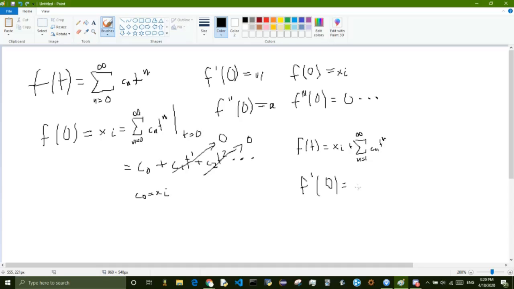After that, I simply plugged in 1, right? And plugged in 0 for t, right? So the first term becomes n cn times t to the n minus 1, right? So you plug in 1, or by the way, this entire thing is evaluated at t, right? So you have 1 times c1 times t to the 1 minus 1, which is t to the 0, which is 1.